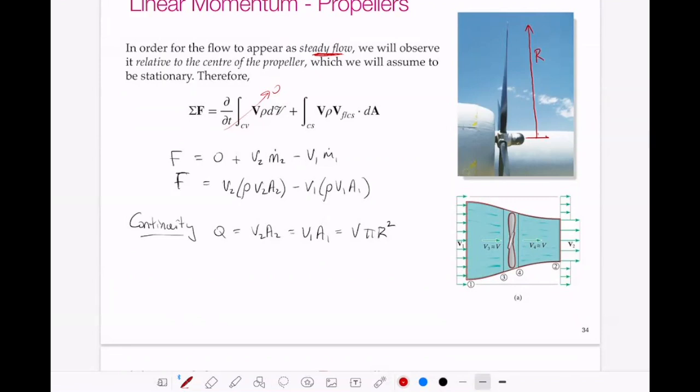So we can relate the velocities at each of these points with our continuity equation for a steady flow. So if we substitute this in, what we end up with is our force is equal to the density of the fluid times the velocity times pi r squared times V2 minus V1.